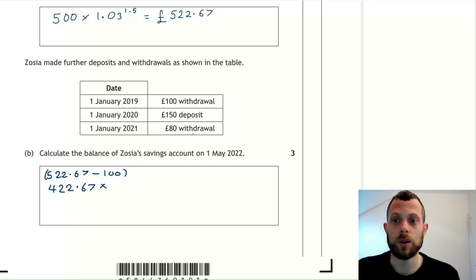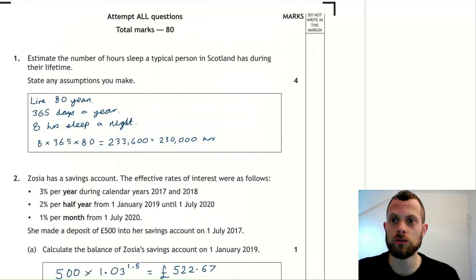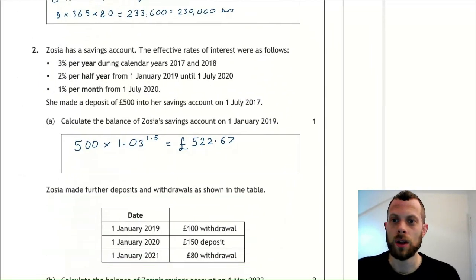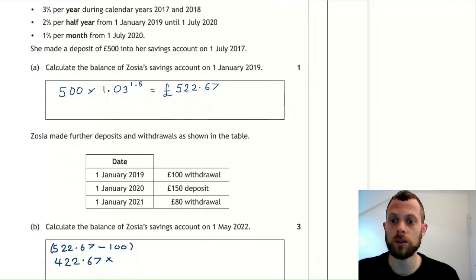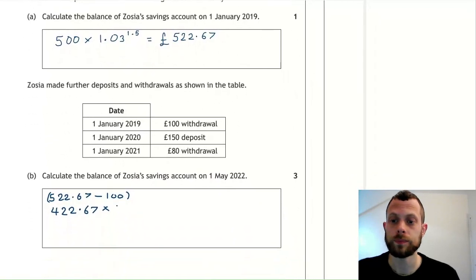Then we are going to need to accumulate this for 1 year over 2019. So let's look at the interest rate. In effect, it's 2% per half year, and that's all the way until July 2020, so it's still going to be 2%. So we multiply by 1.02, and this is also where it gets difficult, is that each of these interest rates is for a different time period.